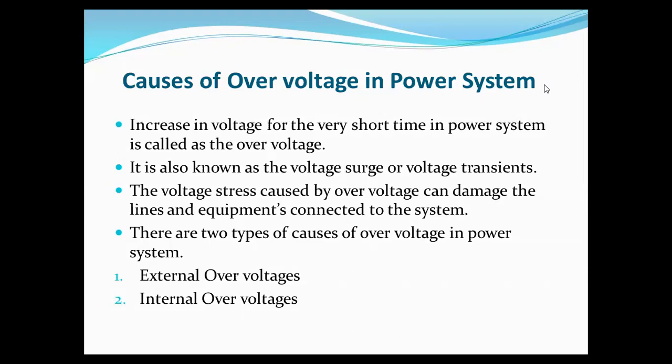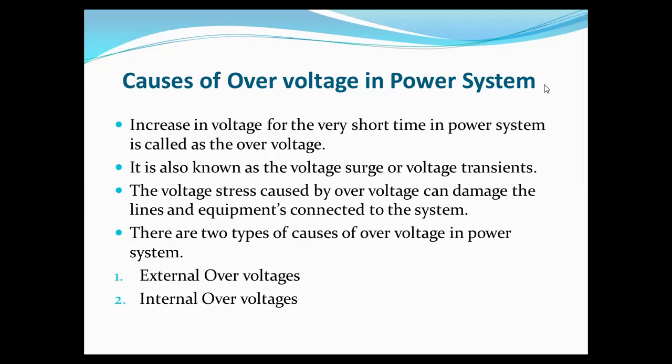If any fault occurs, or if there is any natural calamity, then some over voltage will occur at the line also, that is the transmission line or distribution line, and it can occur for the equipment also, right? So we have to protect both the equipment and the line from these over voltages. These over voltages occur due to some external factors and some internal factors.